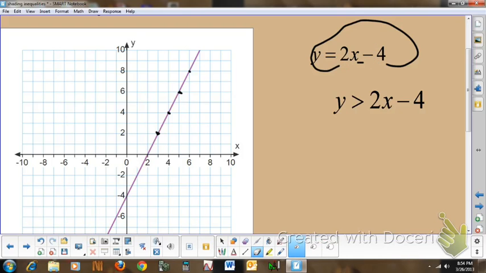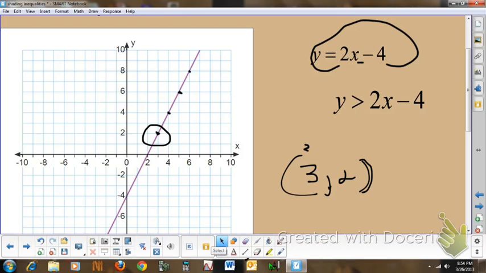Let's take a point. We can take any point at all. Let's take 3 and 2, all right? So we pick a point 3 and 2. It's on the graph at 3 and 2, and we plug it into our y is equal to 2x minus 4.